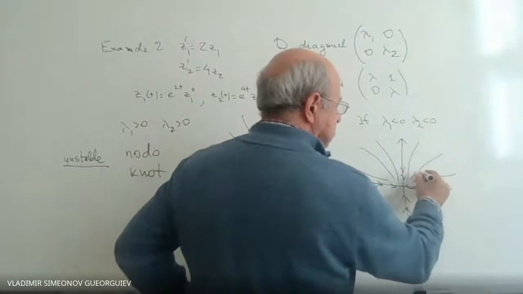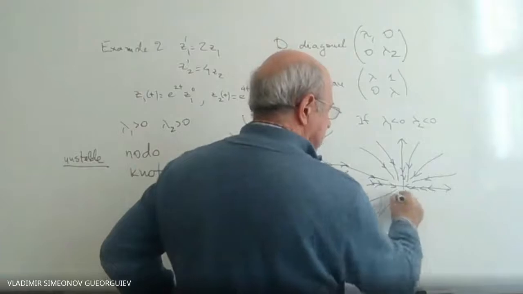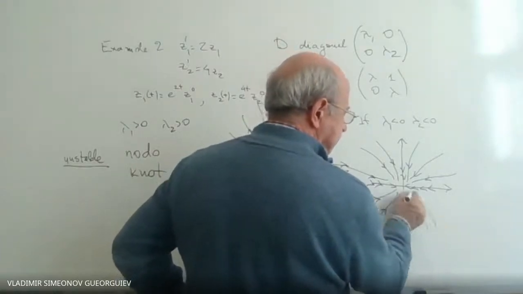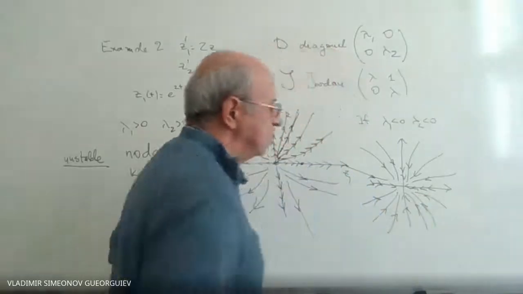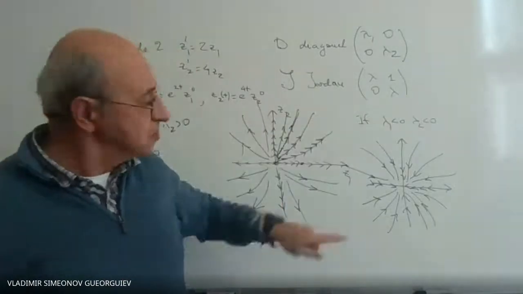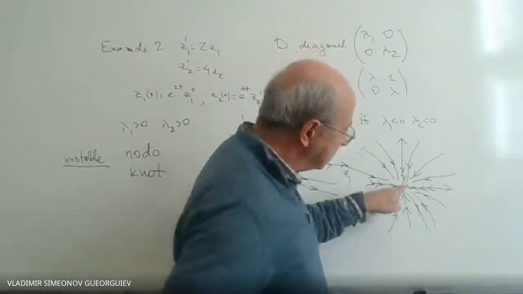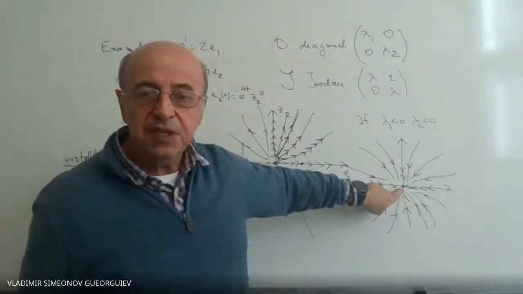But now the situation is opposite. Instead of escaping, with negative eigenvalues our curves approach. But they never touch this point because remember, this is a stationary point.